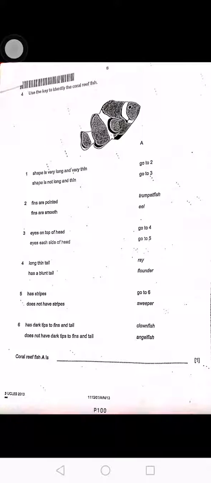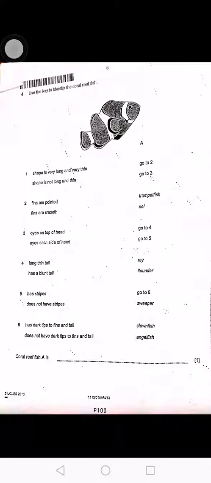Go to 3. What does 3 say? Eyes on top of the head. Are the eyes on top? No. The next one: eyes on each side of the head. The eyes are on each side of the head. So go to 5.